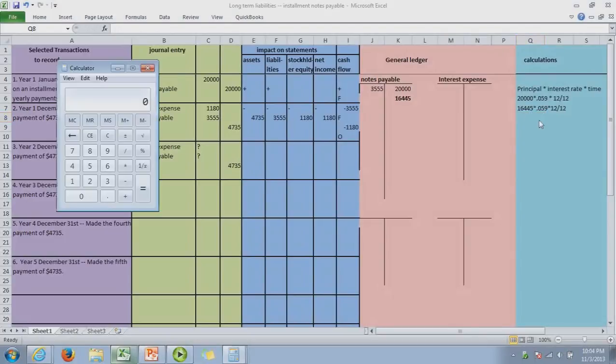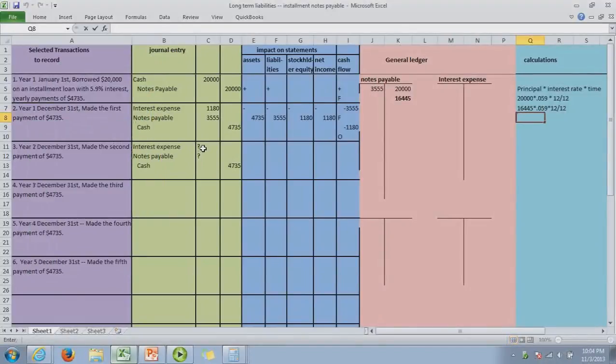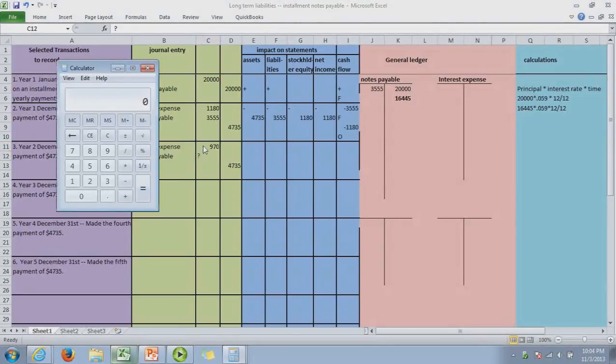So if we do our calculation, new principal, same interest rate, and I'm going to round it in this case to 970. So that's going to be our interest expense. If we know our interest expense, again, the payment less the interest, the cost of borrowing, is the amount that we can use to repay, $37.65.